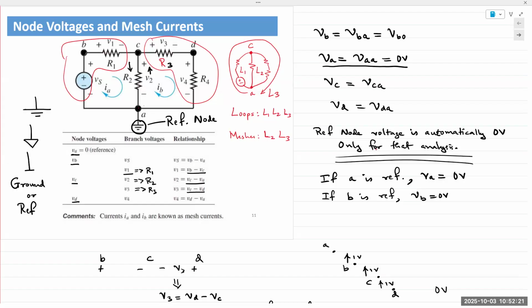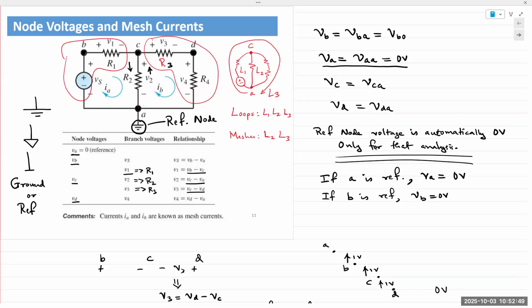To generate those equations, we use a variety of techniques: we apply KVL, KCL, and Ohm's law. But in some instances we can't apply them separately, so we combine them. In node voltage analysis, we apply KCL to generate our equations. In mesh current analysis, we apply KVL to generate our equations.